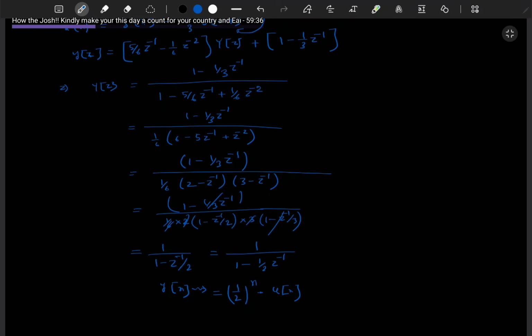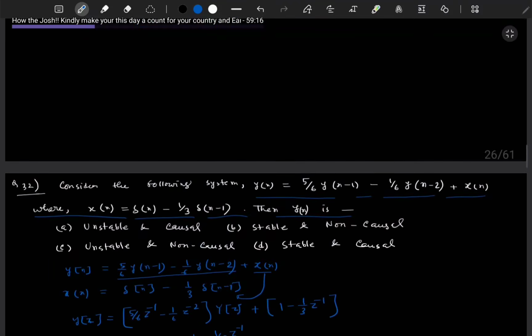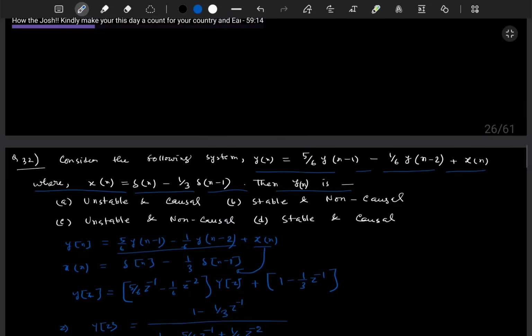Bounded input, bounded output for stable, and causal depends only on present and past input. Okay. Stable and causal. Answer D.